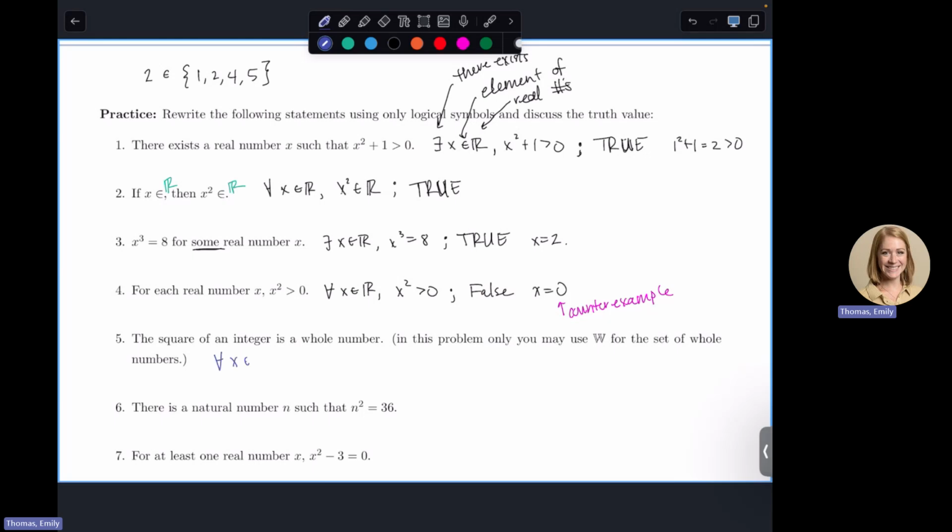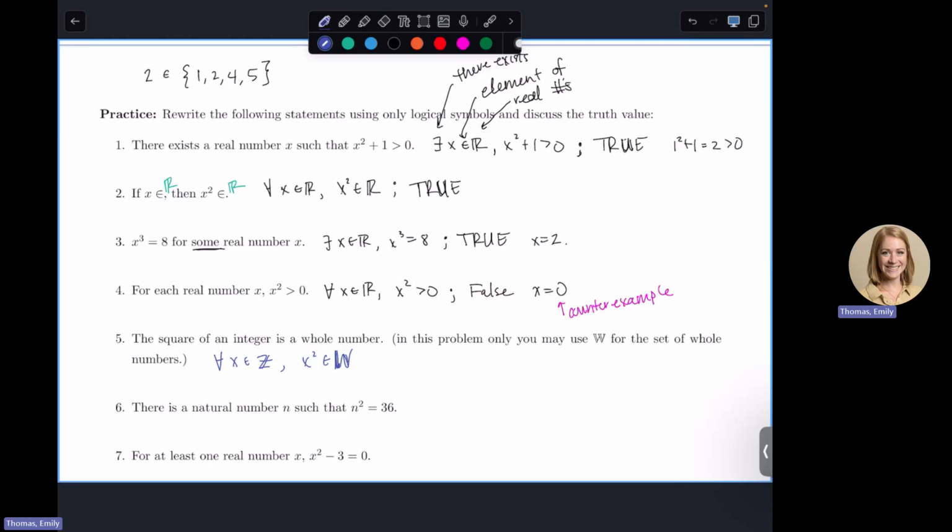For all x in the integers, blackboard bold Z, the square of x exists in W. For all x in Z, so for every integer, when you square it, you get a whole number.